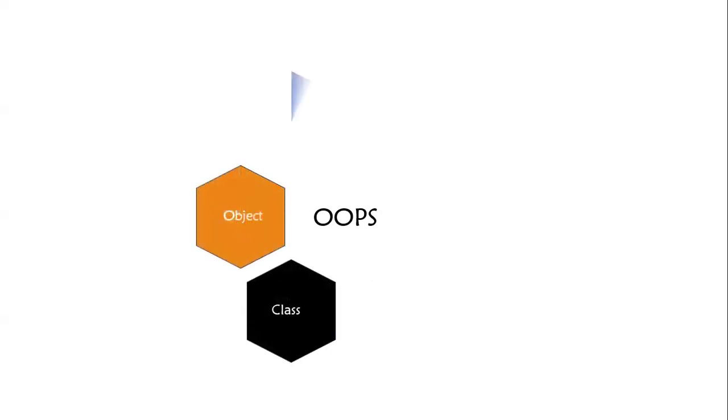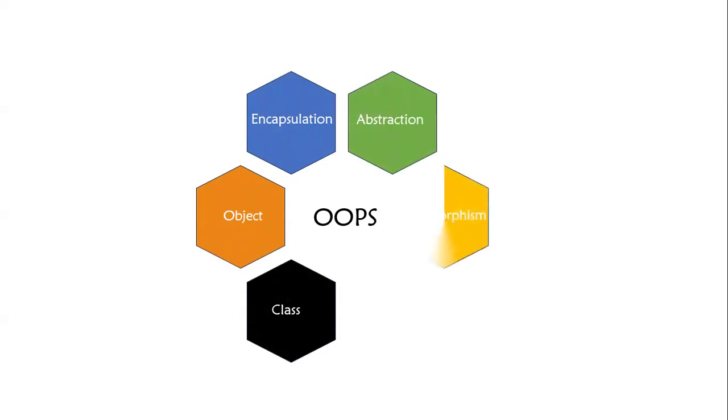So what are the OOPS standards we have? Class, object, encapsulation, abstraction, polymorphism, inheritance. These six principles define OOPS. Java follows OOPS, .NET follows OOPS, Python follows OOPS, Android also follows OOPS.